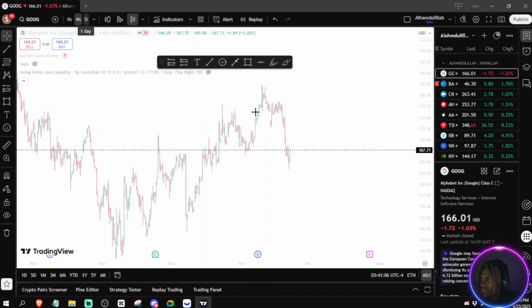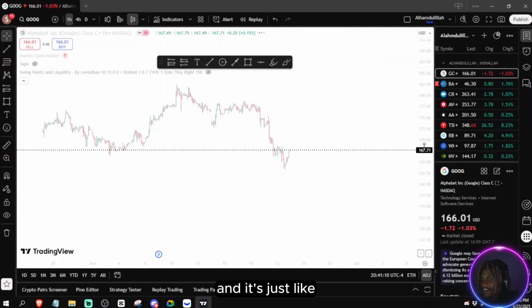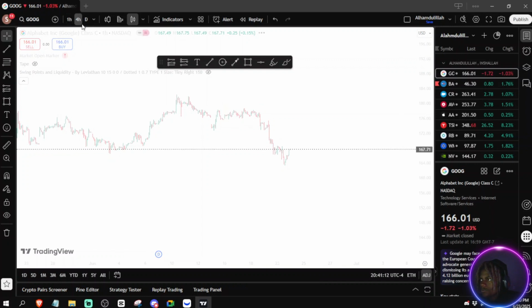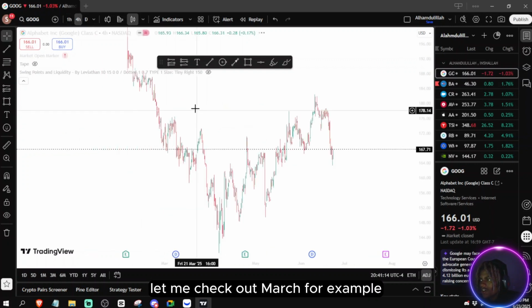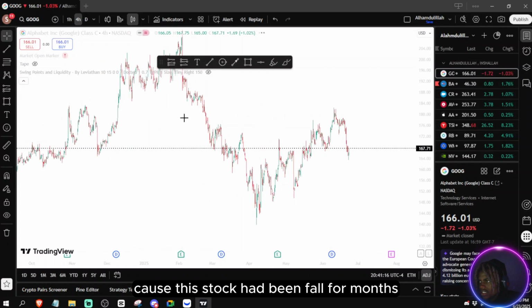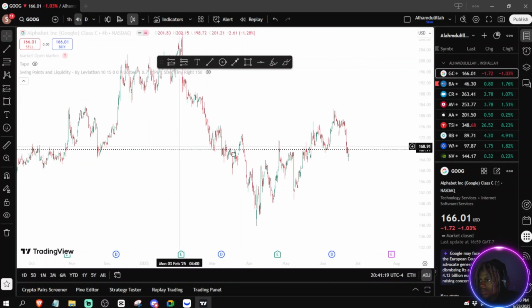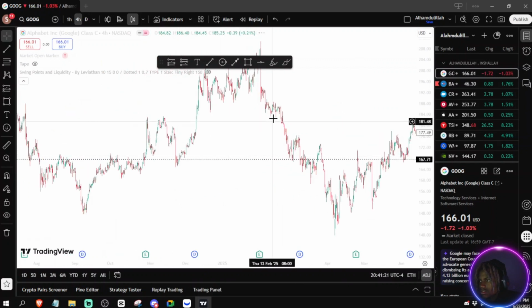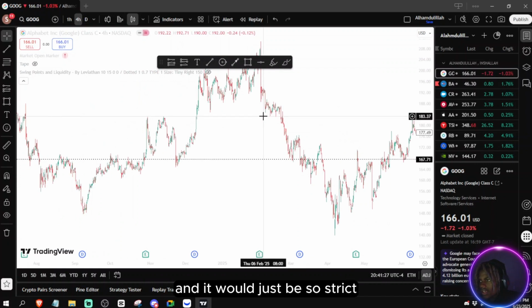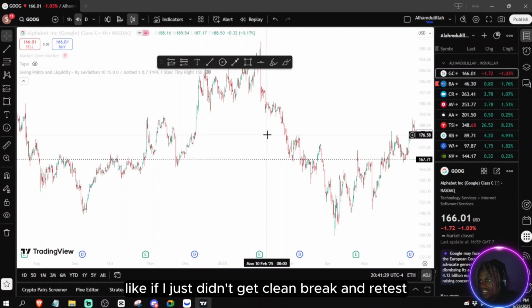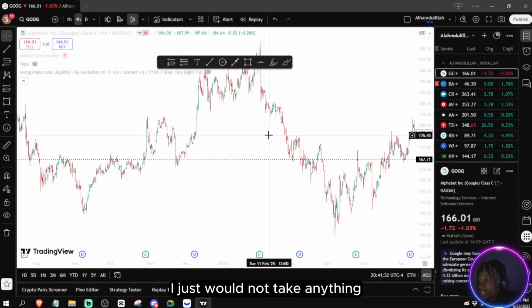Let me check out March, for example, because this stock did fall for months. And it would just be so strict. Like if I just didn't get a clean break and retest, I just would not take anything.